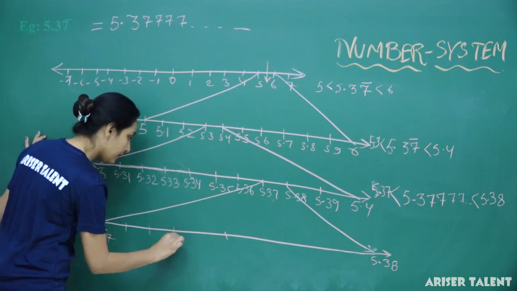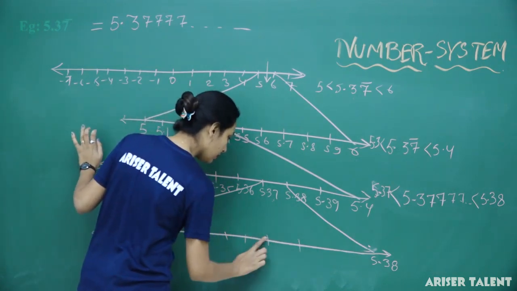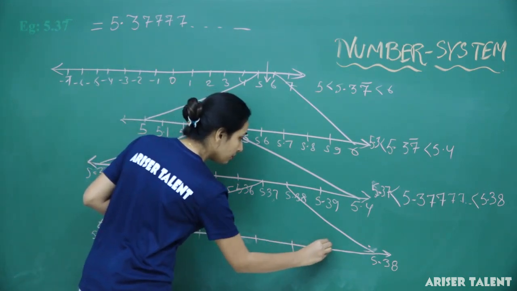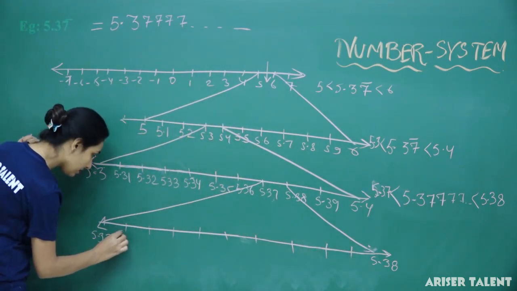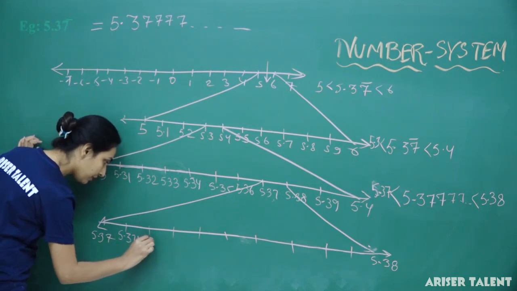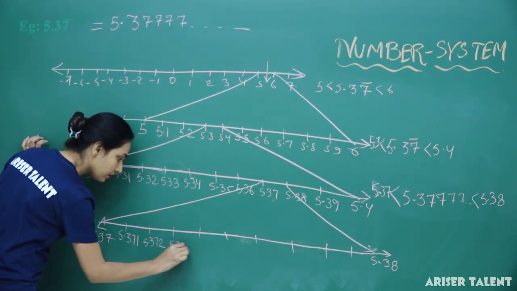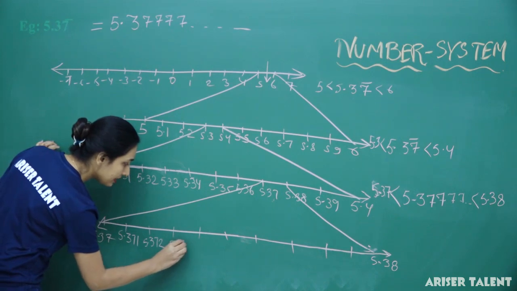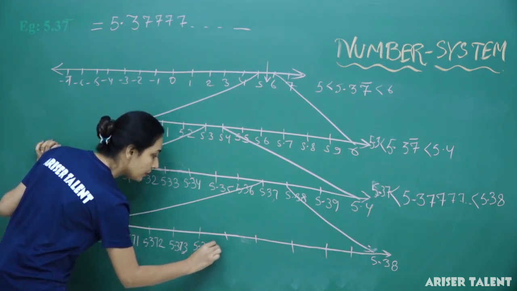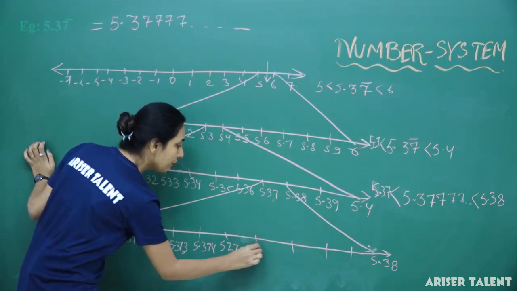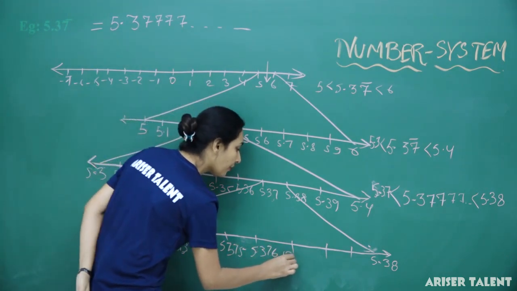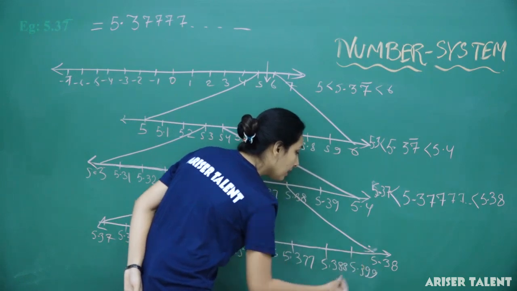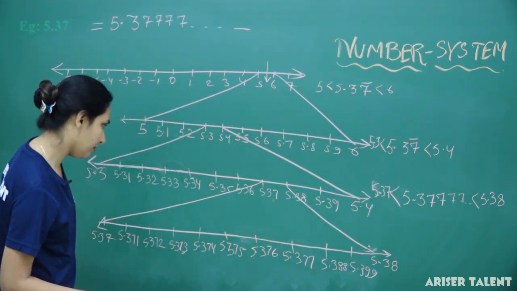Meanwhile I am having this mid here. Okay, so 1, 2, 3 and 4 here. So now I'll be having this 5.371, 5.372, 5.373, 5.374, 5.375, 5.376, 5.377, and where it became wrong.